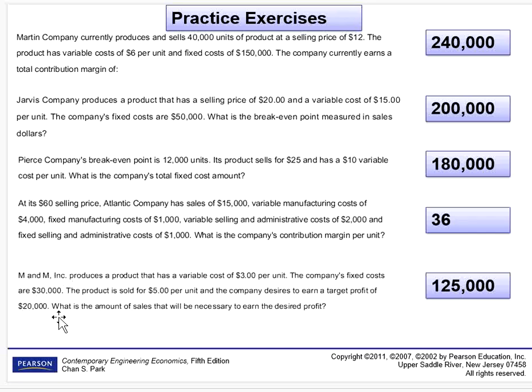Now see, this is another scenario in the decision making process. Let's say management wants to have a target profit in mind. If they want to achieve a target profit of 20,000, what should be the sales to earn this target profit? What is the total amount of sales?